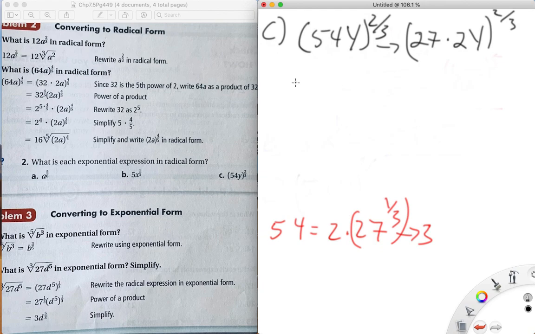I can say 27, remember that to the 1/3 means I'm cube rooting it, and then I'm squaring it, times 2y, do the same thing.